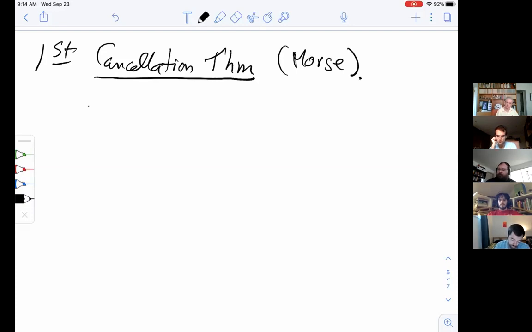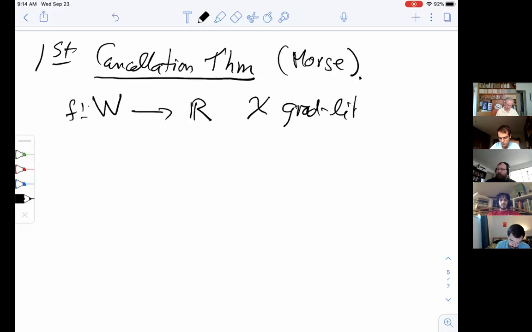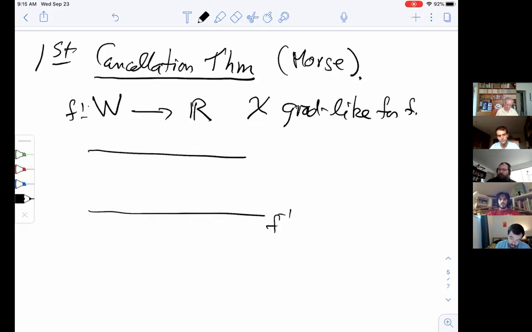So let's say we have a compact manifold and a Morse function and a gradient-like vector field. And my situation is the following. I have two regular levels, f inverse of a and f inverse of b, and I have 2 critical points whose values are between a and b.